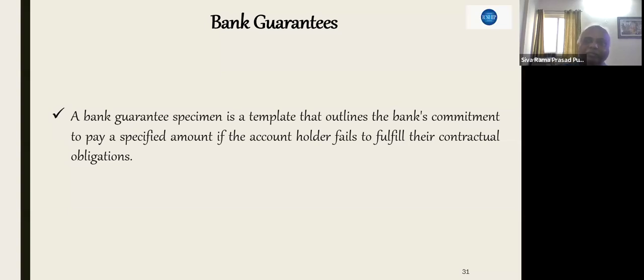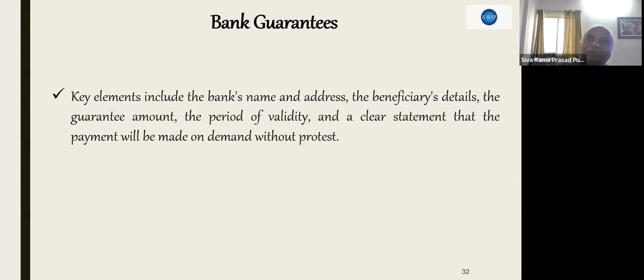Key elements include the bank's name, the bank's address, the beneficiary details, that is the third party, the guarantee amount, the period of validity of the bank guarantee, and a clear statement that payment will be made on demand without protest.